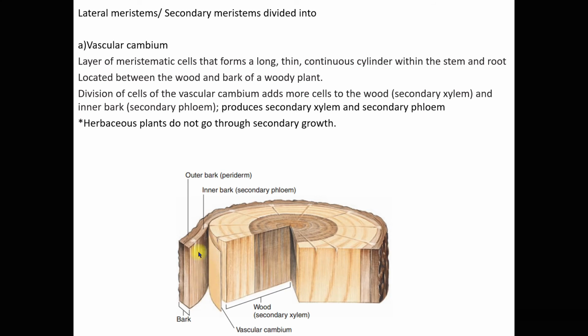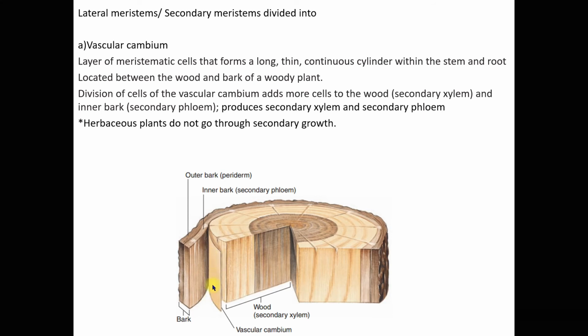Now, division of cells of the vascular cambium adds more cells to the wood and the inner bark. The bark has two parts, outer bark and inner bark, and they receive their cells from the vascular cambium.